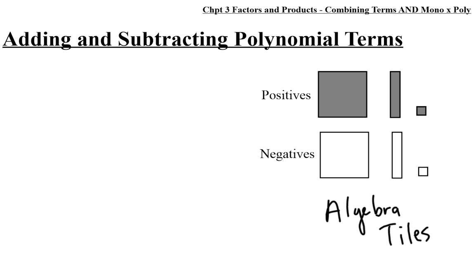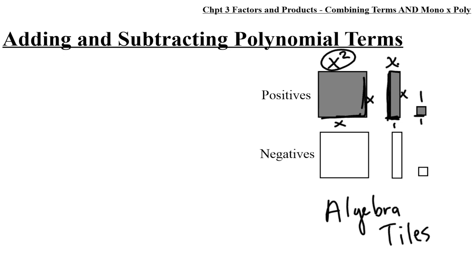But just for our sake, there are really three types of tiles. You have the x squared tiles, which are x by x wide, so that means x times x, or x squared. You have x tiles, 1 unit wide and x units tall, so 1 by x is an x tile.